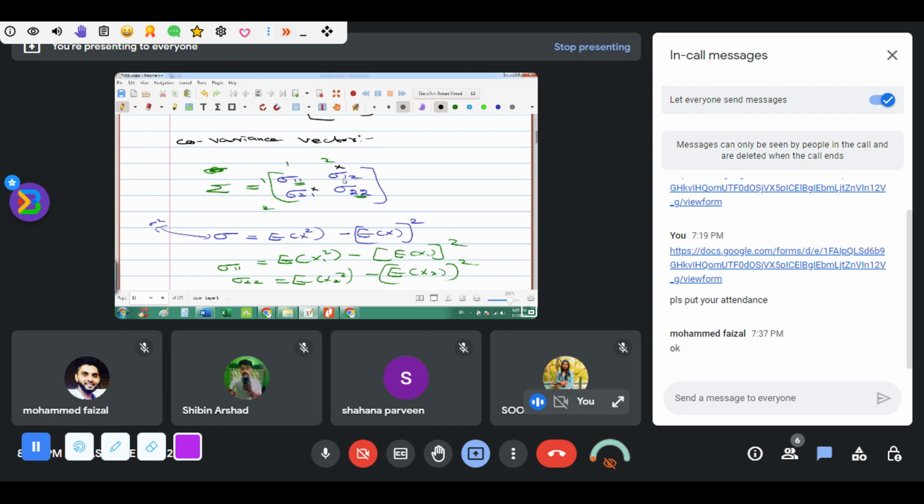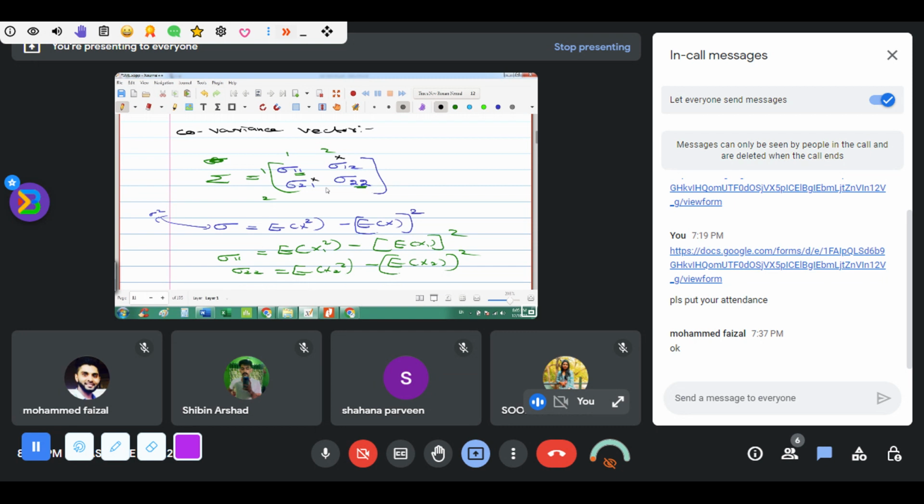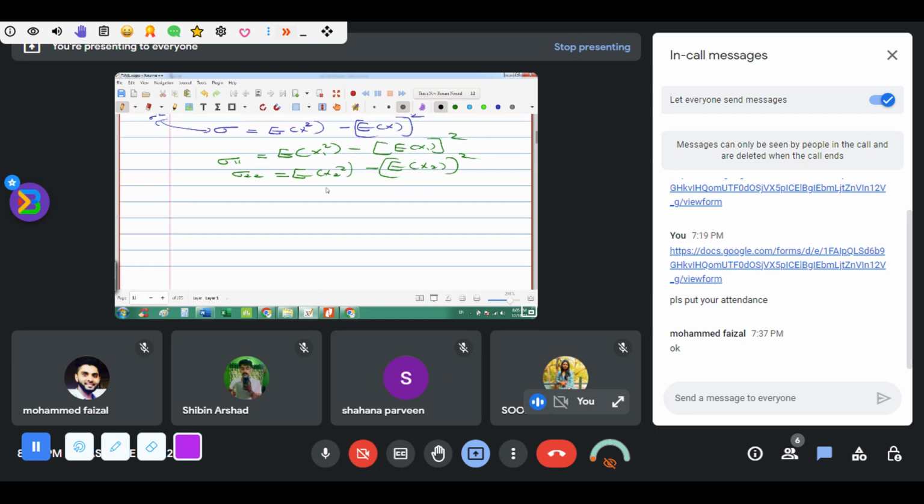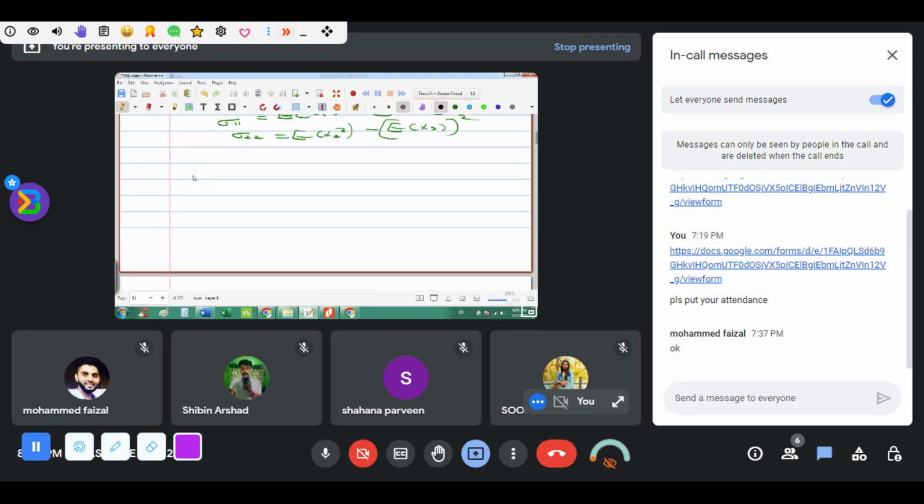Suppose two different variables, x1 x2, and here also x2 x1. The formula changes slightly. Please note, very important: sigma 1 2 and sigma 2 1 have the same formula, because this is a symmetric matrix.